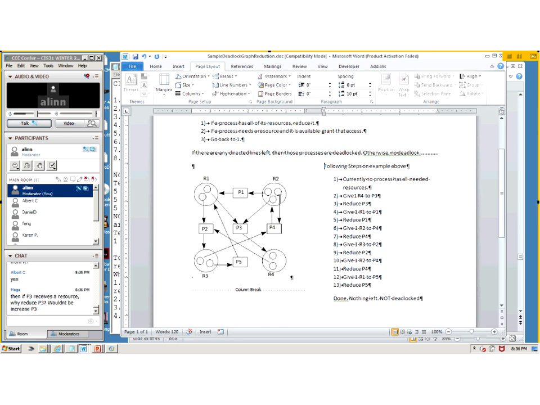If it can obtain one, grant it. It has all of its resources, so it could complete, right? It could complete, so we can reduce it, and we keep reducing it, and that's what this algorithm is all about.